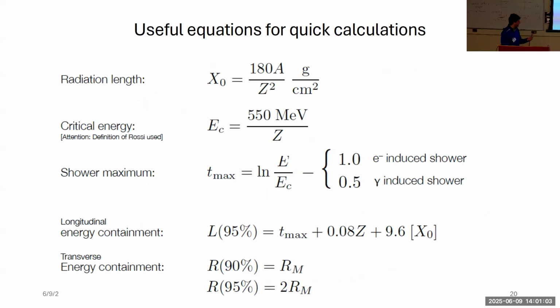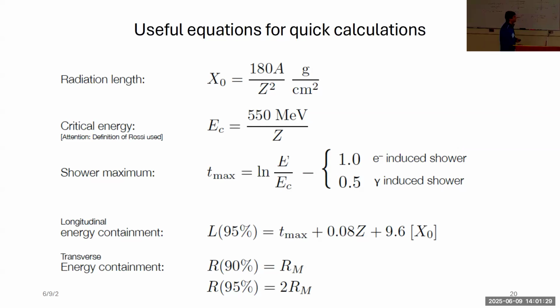So basically, you can see how the radiation length will depend on the material, how the critical energy will depend on the Z of the material, how your shower maximum in terms of radiation lengths will also depend on your particle energy and the critical energy, and how big you need to make your calorimeter to actually contain, say, some fraction of the energy.